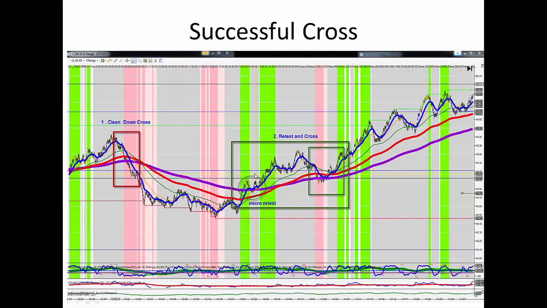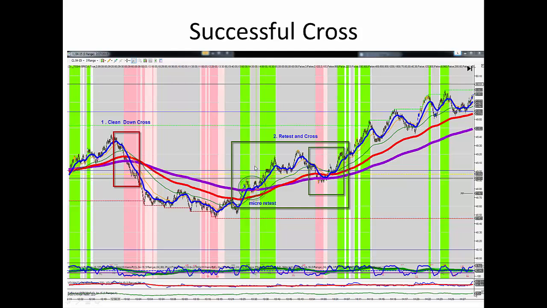This is a cross, this is number 1 retest, number 2 retest. Well, this second event was not so clean. Actually, it has 2 retest events as a part of a macro retest situation. Let's talk about the first retest, this one.